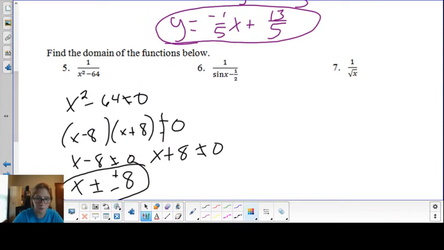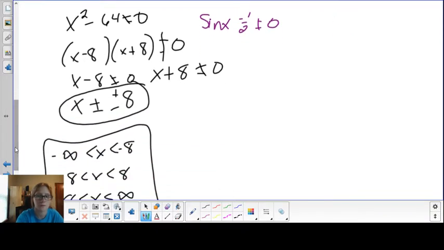Second problem. I go to purple. I have sine of x minus a half cannot be equal to 0. So I'm going to go ahead and add that a half over. So where is sine equal to 1/2? Go ahead and look on your chart in your notes.